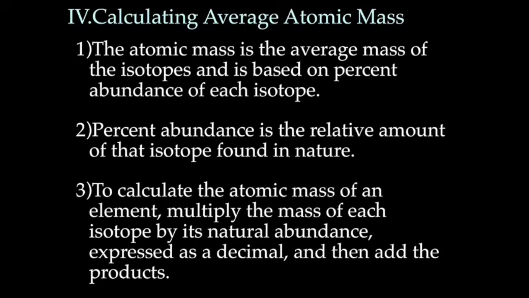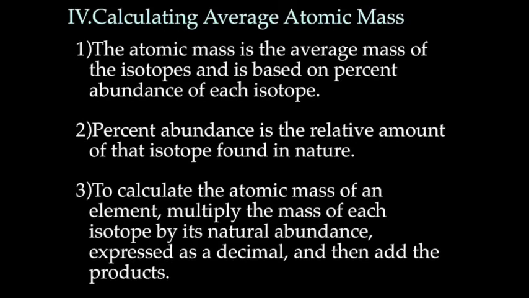The atomic mass is the average mass of the isotopes and is based on the percent abundance of each isotope. So how many carbon atoms in the world have 6 neutrons versus how many have 5 neutrons, 7 neutrons, whatever. Percent abundance is the relative amount of that isotope found in nature.